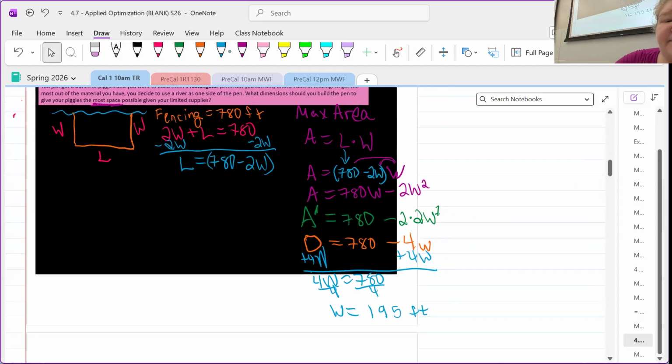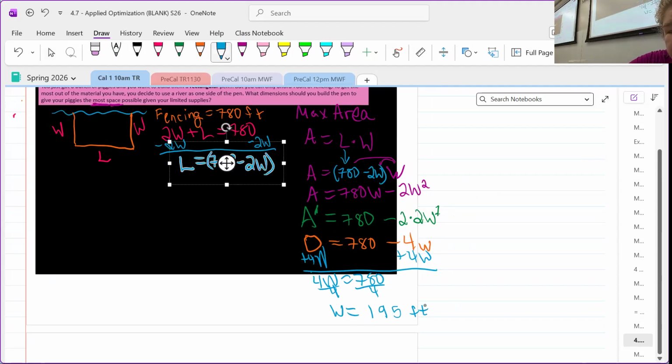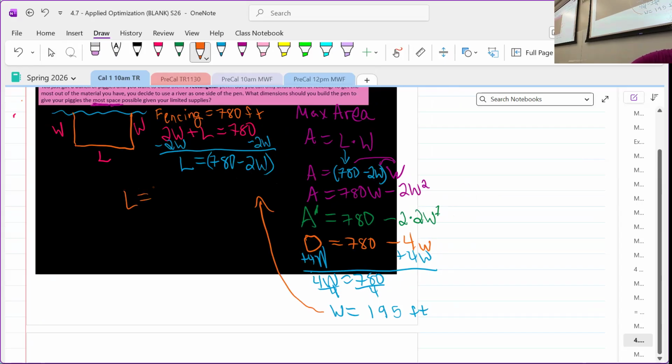Now they asked what dimensions, so I need both answers. So I need the 195, but then I also need to take this number and come back to my formula for length and substitute it in there. So length equals 780 minus 2 times 195.